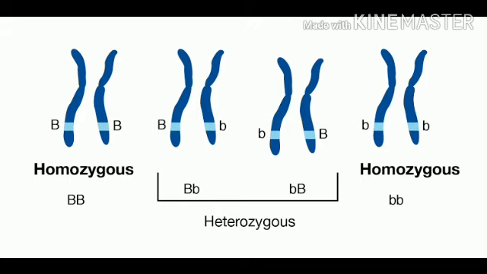Then homozygous: an individual who possesses two identical alleles at one particular locus on homologous chromosomes. Then heterozygous: an individual who possesses two different alleles at one particular locus on homologous chromosomes.